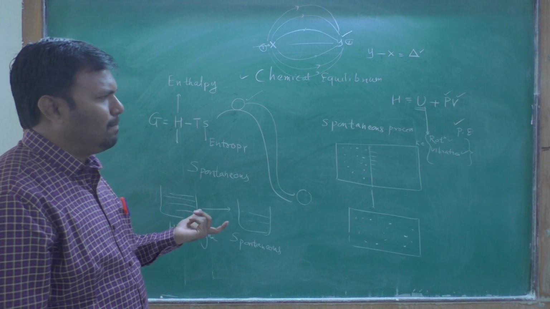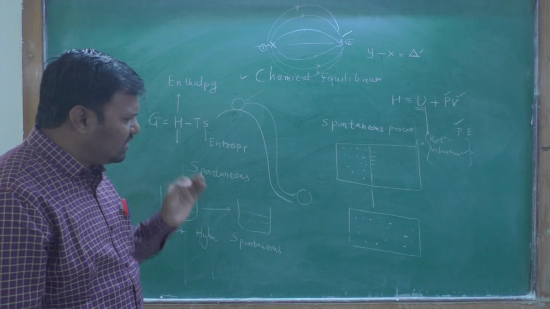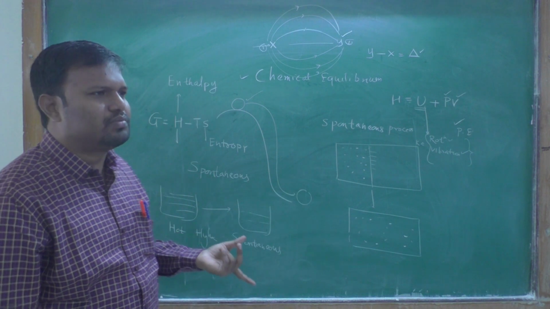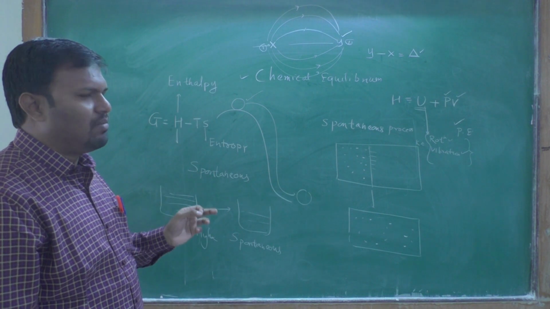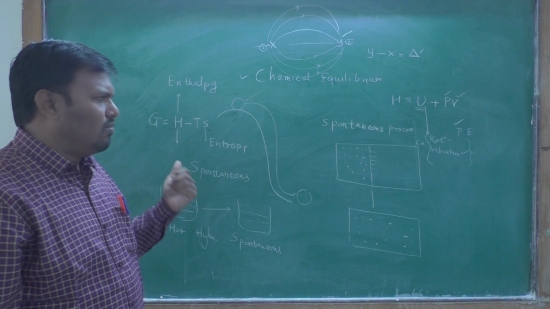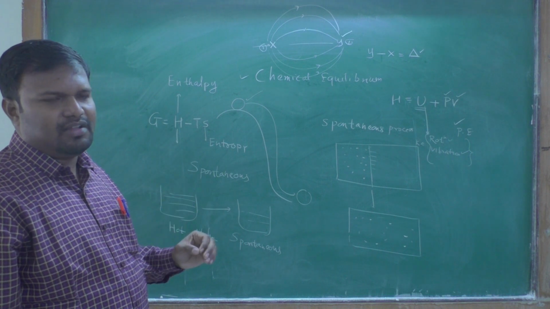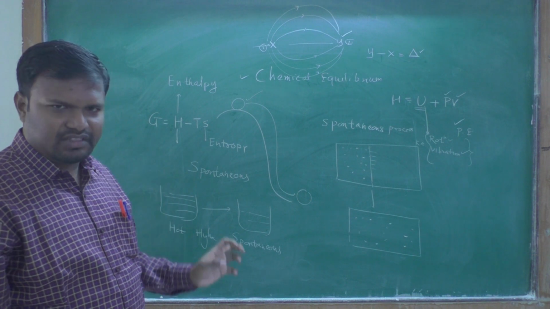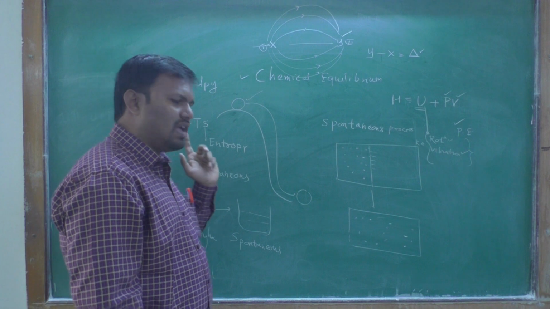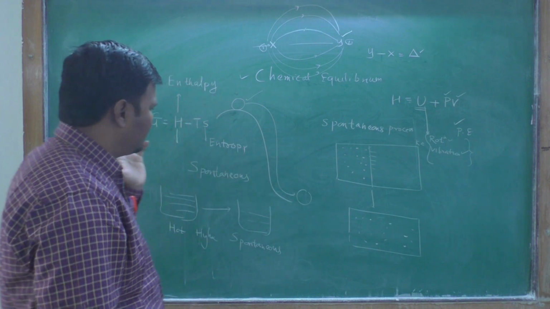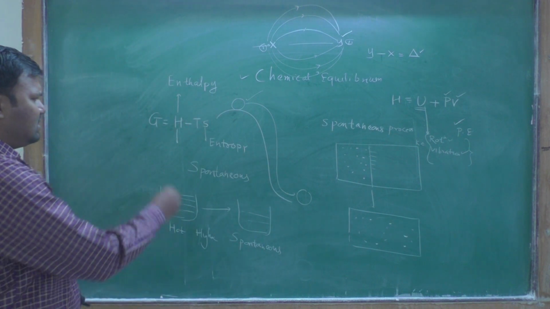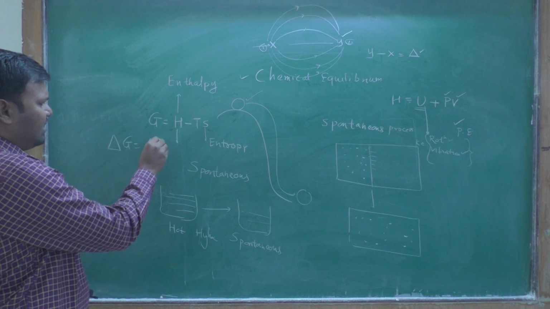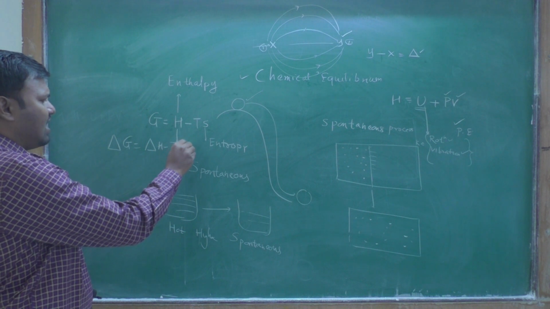Like that, Gibbs free energy at any state we can predict, and at another state we can predict, and the change in Gibbs free energy is given by the final state minus the initial state. That is, the change in Gibbs energy is a state function, like enthalpy and like entropy also. Therefore, change in free energy is given by change in enthalpy minus T delta S.